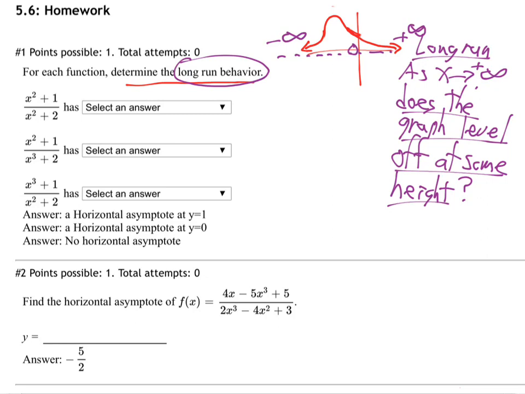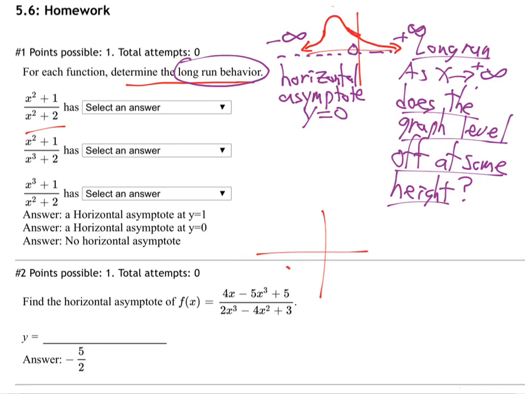Okay, so that would be called a horizontal asymptote. Y equals 0, a graph like that. I'm not saying that's what this graph does. I'm just saying there's one thing that could happen. Here's another thing. We could have a graph level off like this.